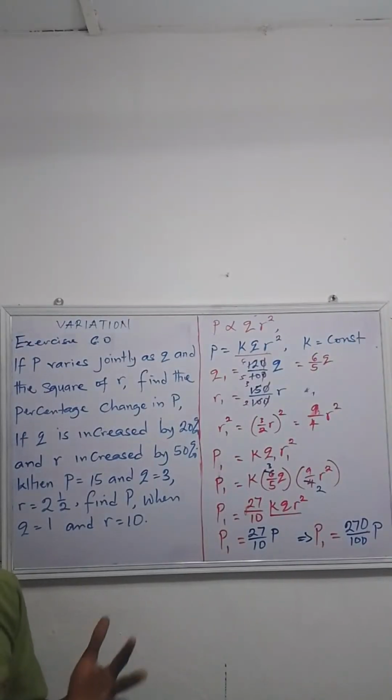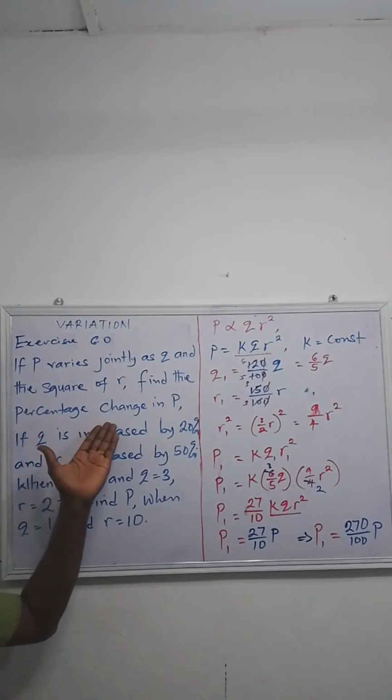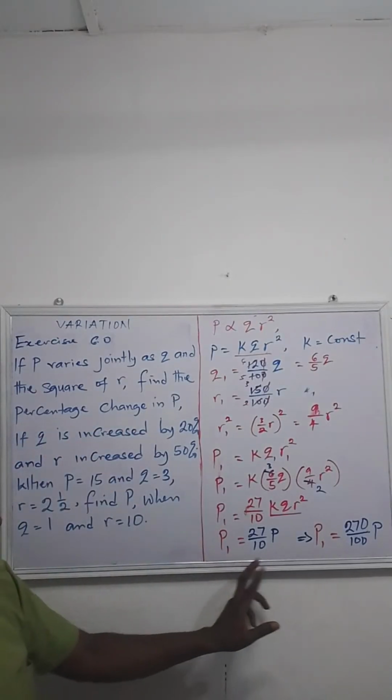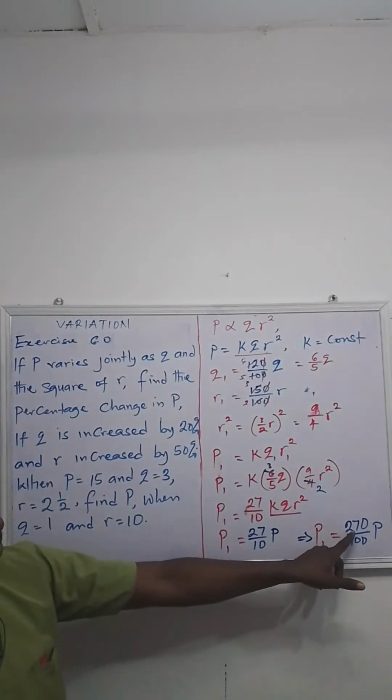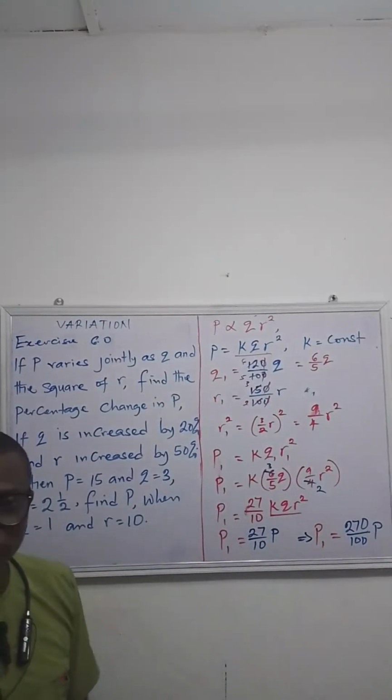Okay, so now to get the increment, or change in percentage of P, you just subtract 100 from 270.